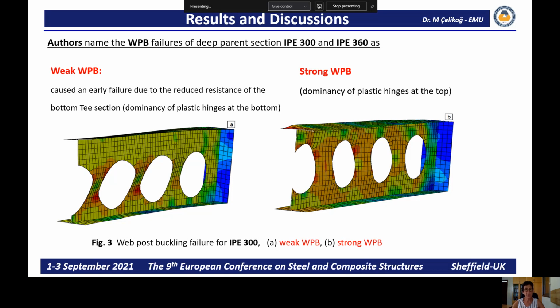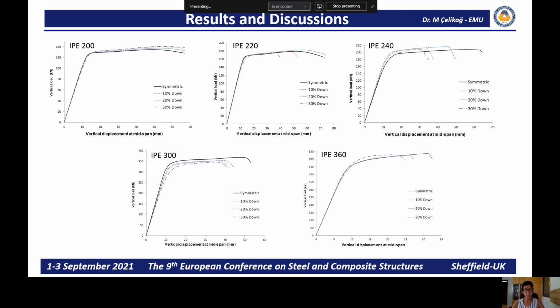This is for an asymmetric, and for a symmetric section shown in figure 3 as A and B. This slide gives us all the 5 sections with symmetric case and asymmetric case, where the holes were shifted down only. As we said, the ones that were shifted up, it's not reported here.